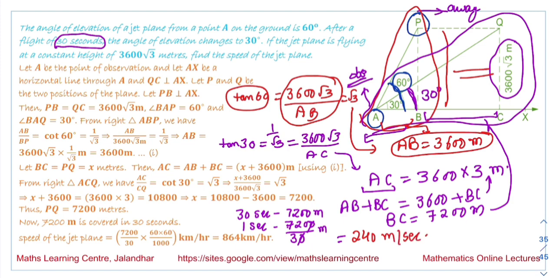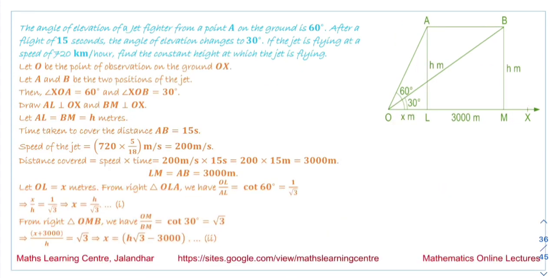If we convert it to kilometers per hour, the answer you will get is 864 kilometers per hour. Next is the angle of elevation of a jet fighter from a point A on the ground is 60 degrees. After a flight of 15 seconds, the angle of elevation changes to 30 degrees.